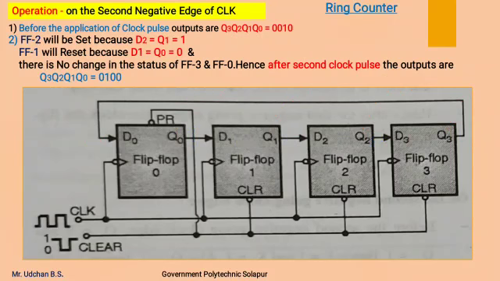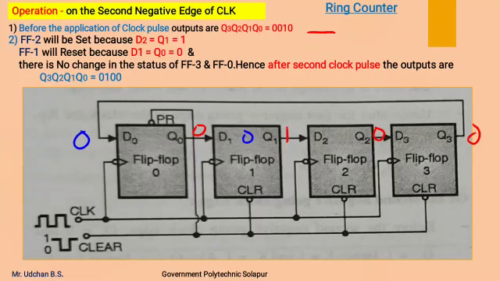Now we will see what will happen at the second negative edge of the clock. Before the application of the clock, outputs are 0, 0, 1, 0, meaning Q3 is 0, Q2 is 0, Q1 is 1 and Q0 is 0. From this we can find the various D inputs. Here Q3 is 0, D0 will be 0. Q0 is 0, D1 will be 0. Q1 is 1, D2 will be 1. Q2 is 0, D3 will be 0.